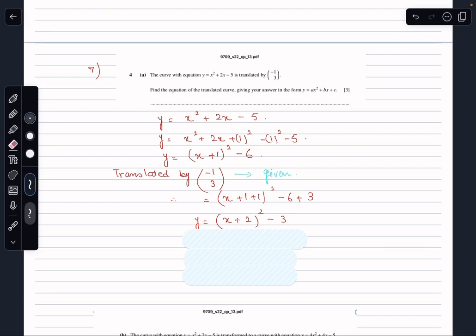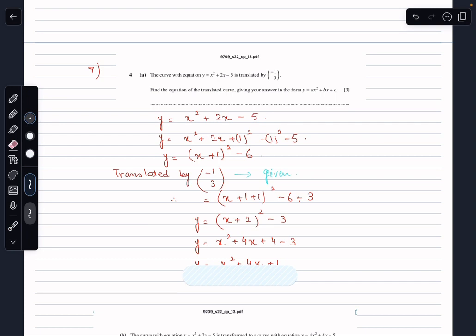So this is translated. Now the question has asked us to represent the transformed equation in the form ax square plus bx plus c. So the only thing that is left is to expand. Applying the (a plus b) the whole square formula, a square plus 2ab plus b square, meaning x square, plus 2 into 2 into x, giving me 4x, and then 2 the whole square, giving me a 4, and then a minus 3.